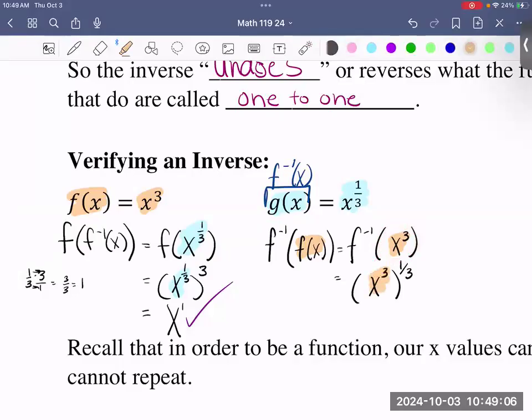Again, properties of exponents, this time we're doing 3 times 1/3, which is still 3/3 or 1. So again, you have x that came out. Therefore, these are both inverses of one another, meaning that these are going to be a one-to-one function.